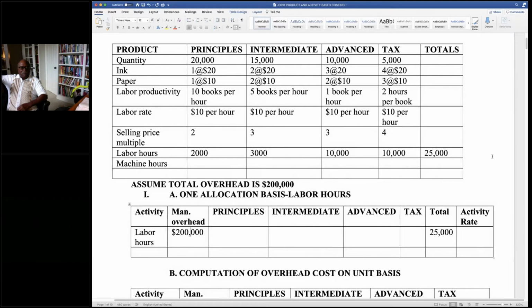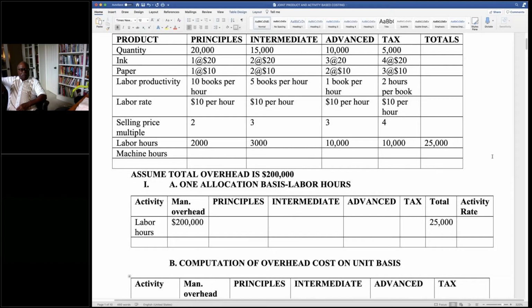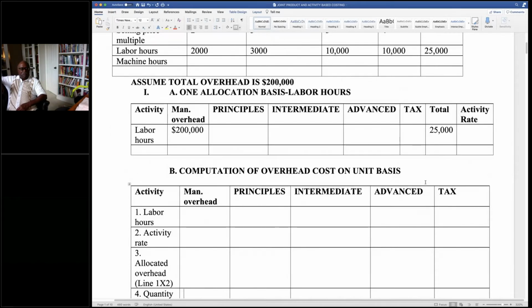The 2,000, 3,000, and 10,000. So they gave us the manufacturing overhead, which was 200,000.